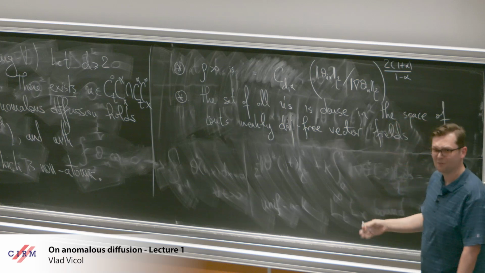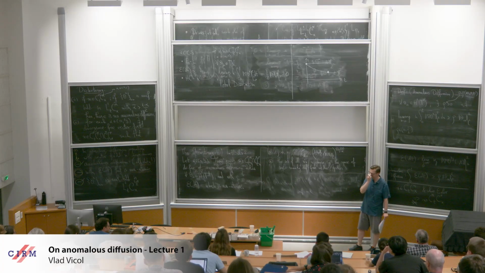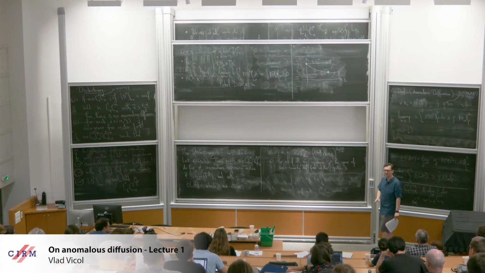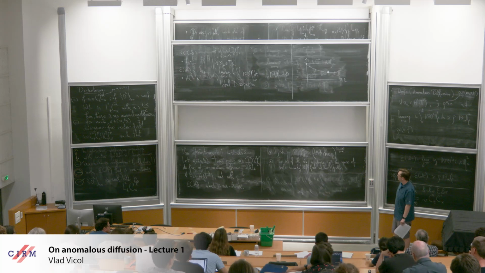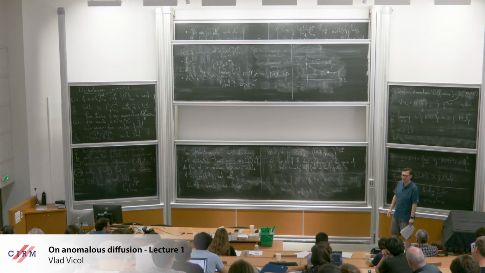And when I say dense, of course, I need to give you a metric: with respect to the C0 metric. So there's not just one, there's a lot of them.